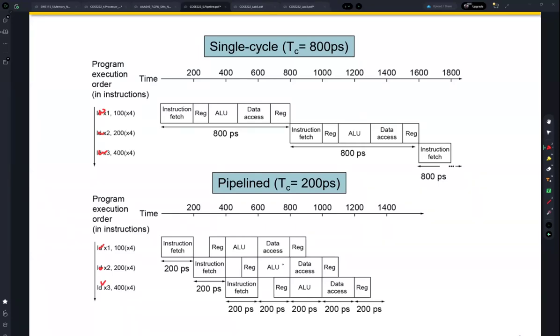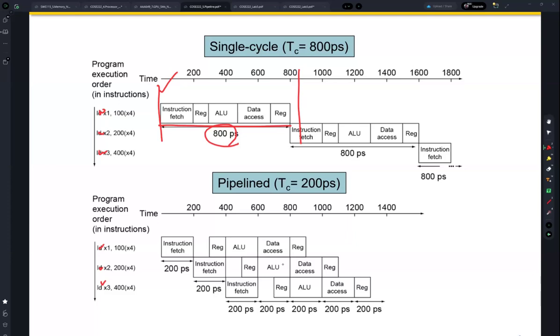In a single cycle processor design, in order to execute one instruction, it takes 800 picosecond, which means that we need to wait for 800 picosecond if the instruction is given to a single cycle processor.